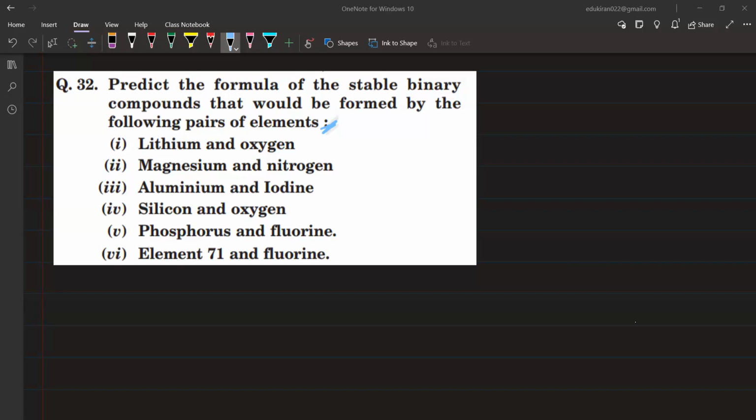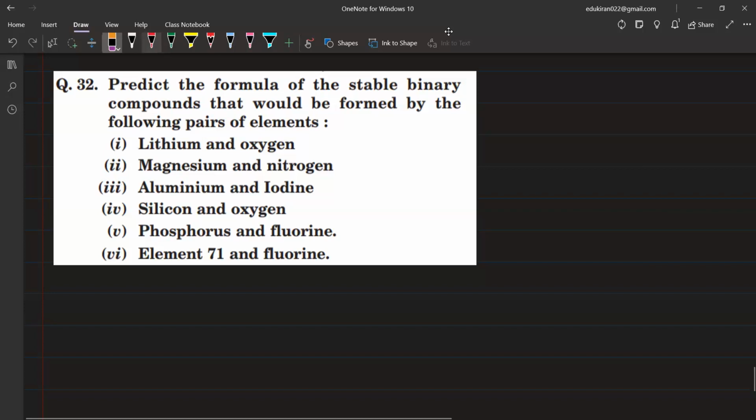Rishita, you remember or you don't remember? The valency thing, crisscross method. Yes, sir. Okay. So all of you wrote this?